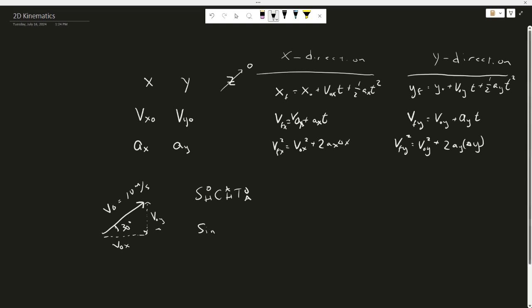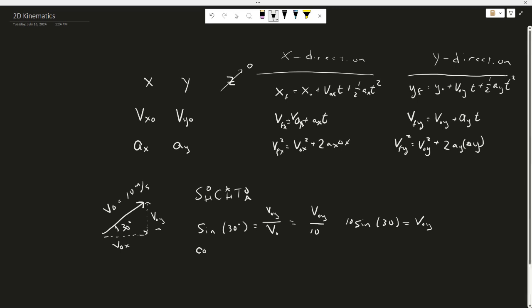So if I look at SOHCAHTOA, the opposite that I have is V naught y. So I can get that the sine of 30 degrees is equal to V naught y over the hypotenuse, which in this case is V naught. So V naught y over 10 is equal to the sine of 30. So now I know that the sine of 30 times 10 is equal to V naught y.